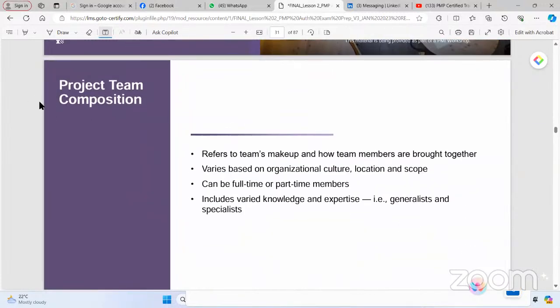Okay. So what Agile emphasizes is co-location. The best form of communication is face-to-face communication. And this is what Agile emphasizes, that we should always have a team which is sitting under one roof.